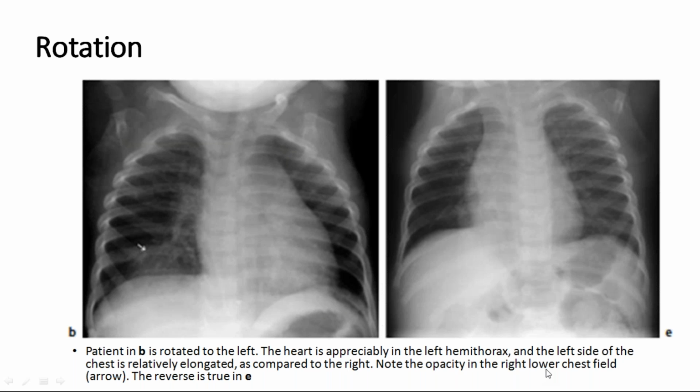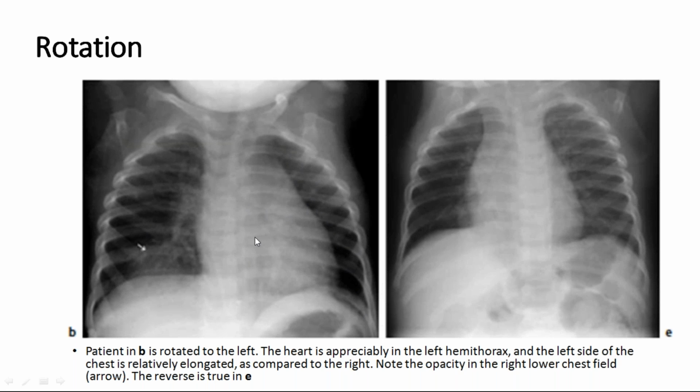Now look at the opacity of the right lower chest field, where there is an arrow. The reverse is true in E. If the child is rotated to the left, most of the heart has gone inside and the right side appears longer than the left.